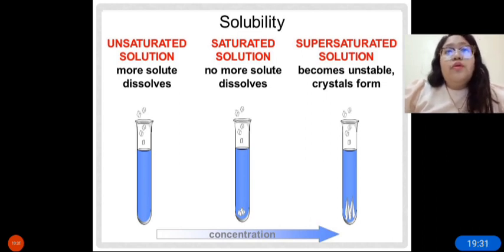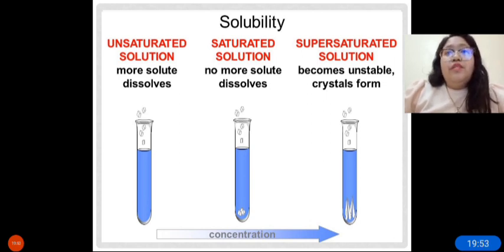So imagine you're making a cup of hot chocolate. The chocolate powder is your solute, and the milk or water is your solvent. Now, if you keep adding chocolate powder and it all dissolves, you have an unsaturated solution. Okay?